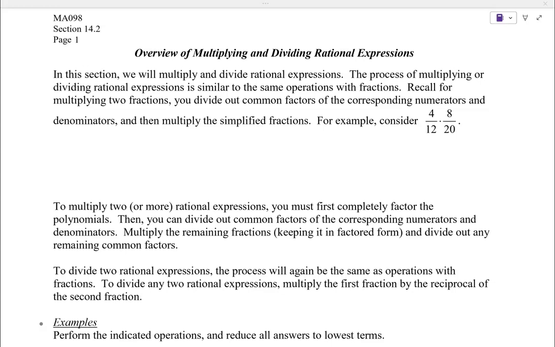So the 4 in that numerator, we know we can write that as 2 times 2, right? We'll multiply that out. The 12 we could write as 4 times 3, which would be 2 times 2 times 3.